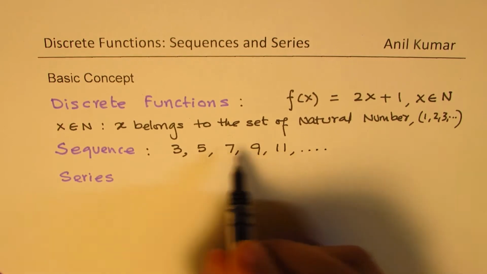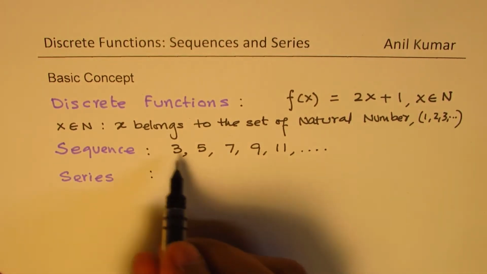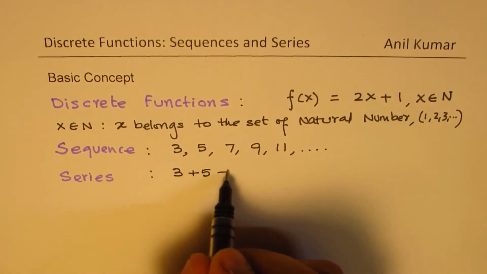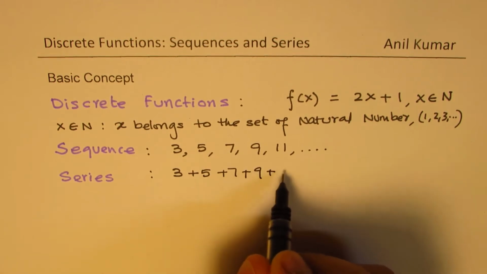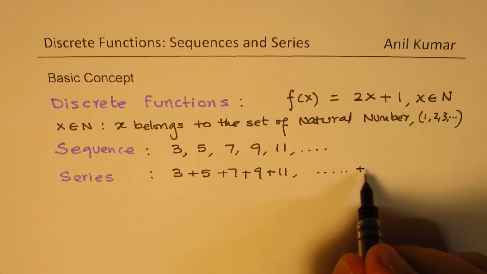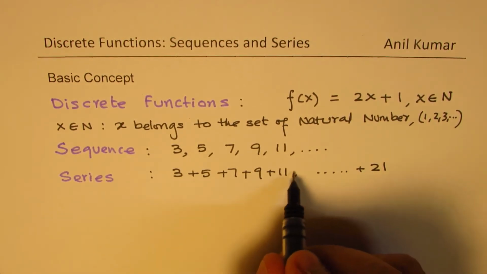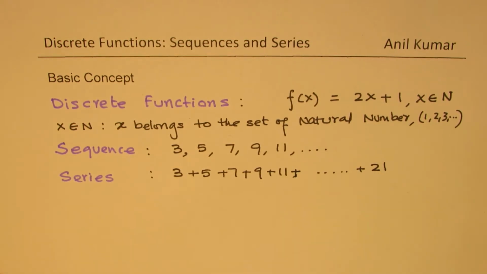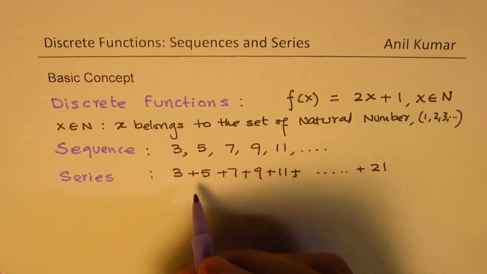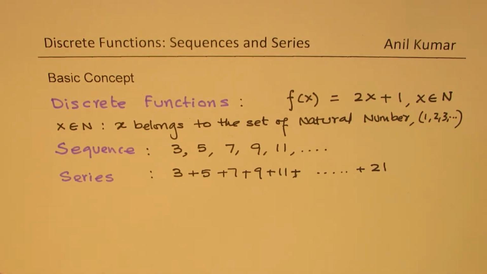So we could write this, and if I write it like this, that is a sequence, correct? The same thing if I write like this, 3 plus 5 plus 7 plus 9 plus 11 till, let's say some term, 21, I should write plus here. So when I use the operation of adding, then it becomes a series, correct?